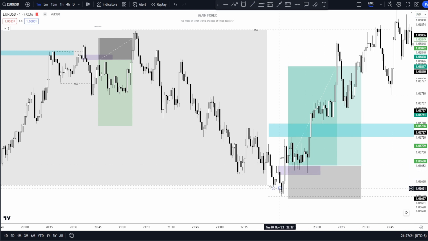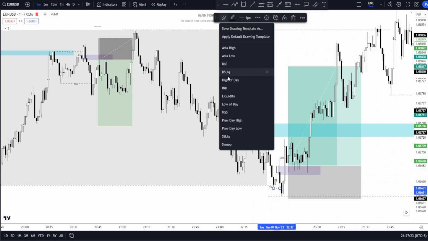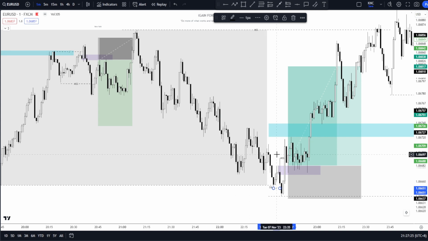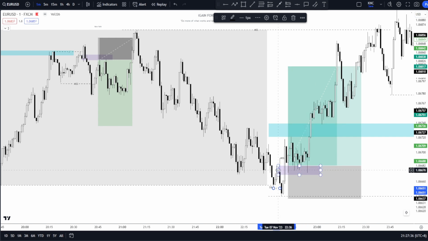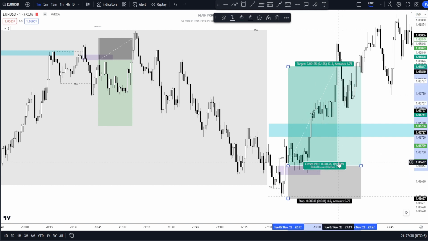This one. Then a clear market structure shift happens with this displacement, and a lot of rejection happened in this area. So I entered at this breaker block, and targeted this 1:3 risk reward ratio. That's my trades during Tuesday.